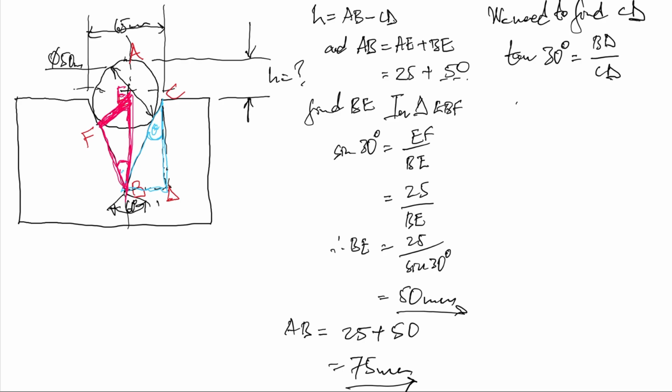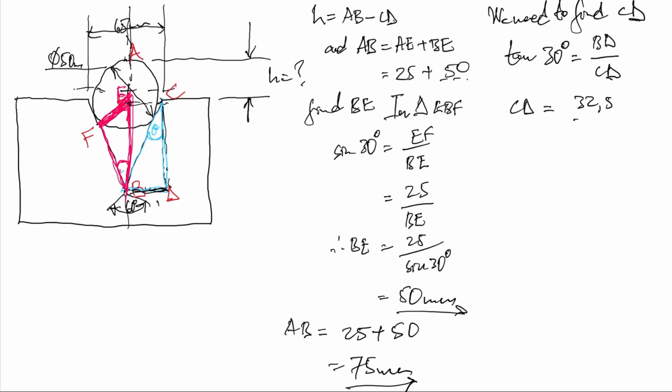Therefore, CD is equal to 32.5 divided by tan 30. Where's 32.5 coming from? Half. You see this side here is the same as that one on top, so it's half of 65, which gives us 32.5. That's how I got BD from this side.